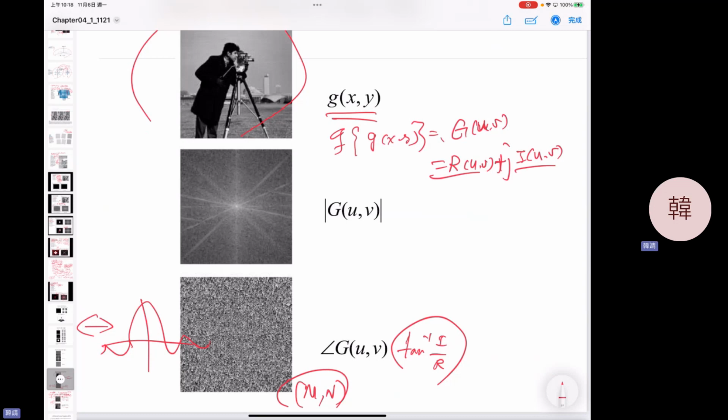So we have a real part of your frequency domain and an imaginary part of your frequency domain component. And for the magnitude, we take the absolute value, so it becomes real part squared plus imaginary part squared, then take the square root, and also the phase spectrum. So we have two parts of the image: one is the magnitude, the other is the phase spectrum. Okay, magnitude spectrum.